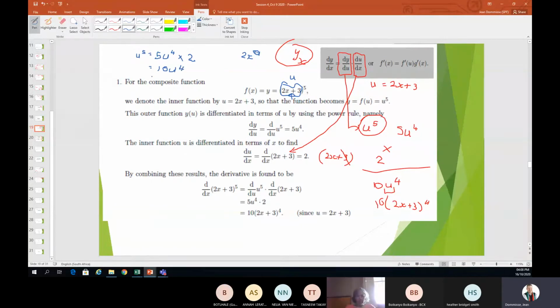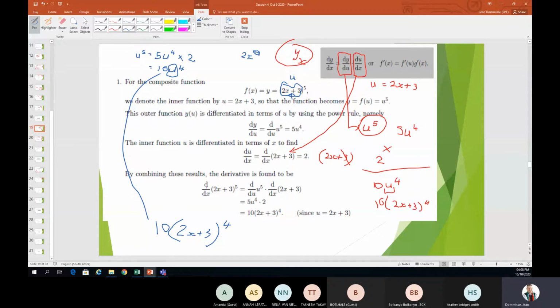Then we need to replace that u again, with 2x plus 3, and that will be your answer.